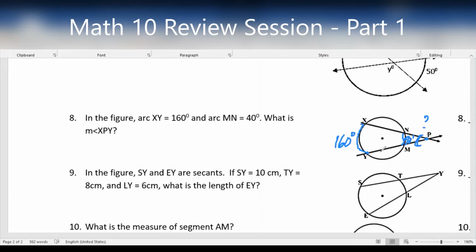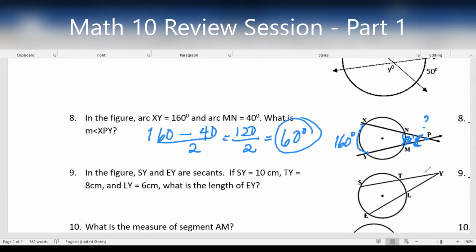So you need to subtract. So like what Margaret said, 160 minus 40, then divide the result by 2. So this is 120 divided by 2. Kaya the measure of this angle is 60 degrees. So very good, Margaret. Next, number 9, second to the last na tayo.